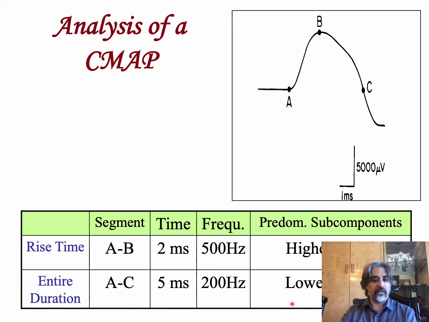That's a higher frequency, whereas the entire duration A to C is about 5 milliseconds, which correlates with a lower frequency of 200 hertz. So just like I said, duration seems to be contributed to by lower frequencies, and the faster changing components such as onset latency and rise time seem to be affected more by high frequencies.